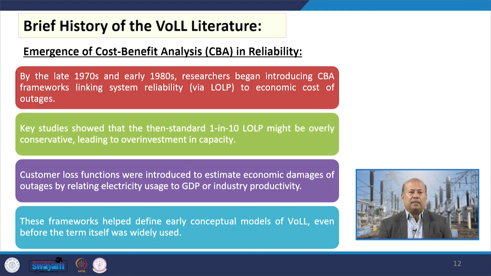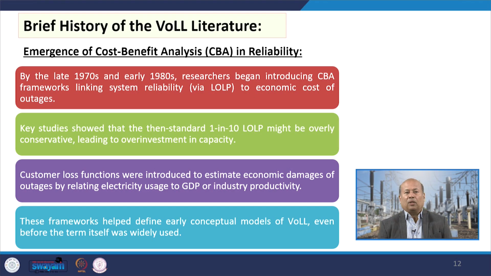By the late 1970s and early 1980s, researchers began introducing CBA frameworks linking system reliability via LOLP to the economic cost of outages. Key studies showed that the then-standard 1 in 10 LOLP might be overly conservative, leading to overinvestment in capacity.